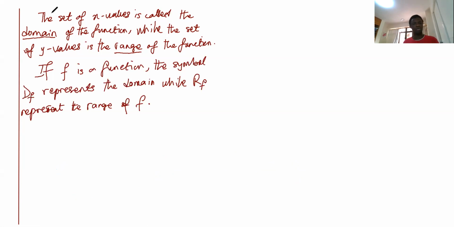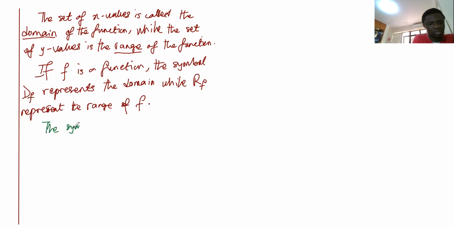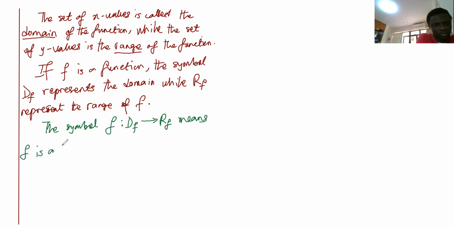So in terms of symbol, we can write f with a double colon, D_f, R_f, means f is a function with domain D_f and range R_f.